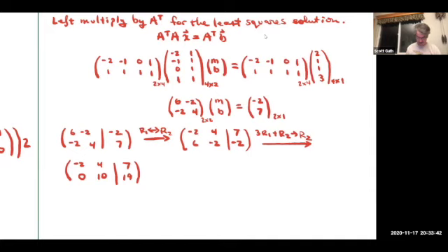It's ugly. So I guess we'll divide row 2 by 10. So 1/10 row 2 into row 2. So we're getting -2, 4, 7, 0, 1.